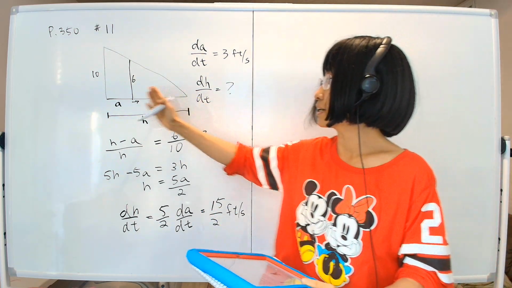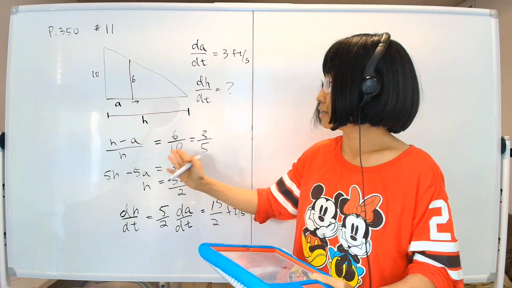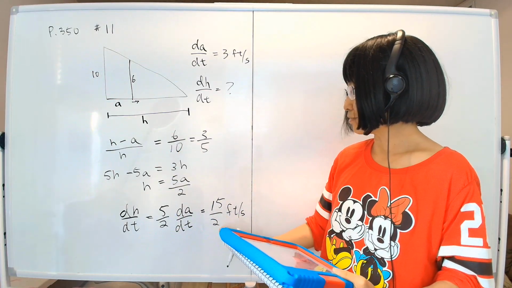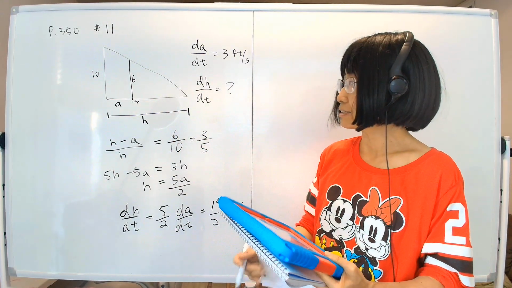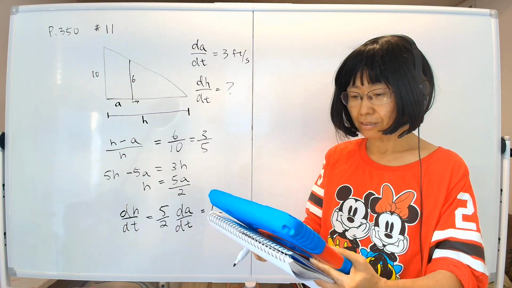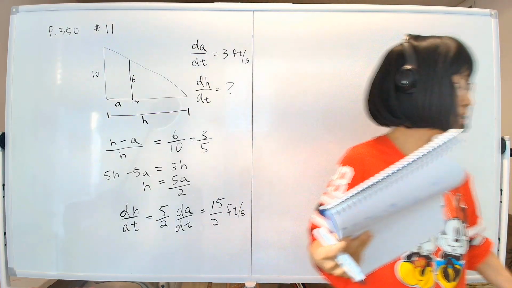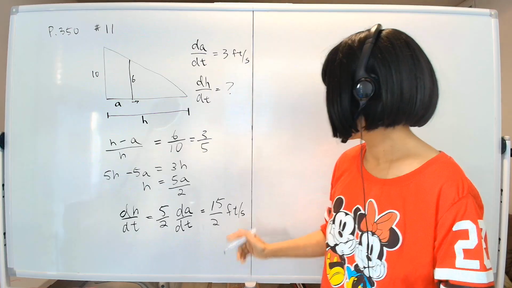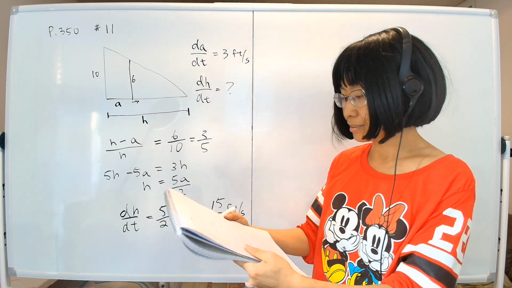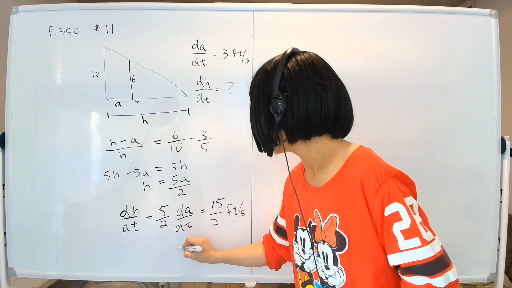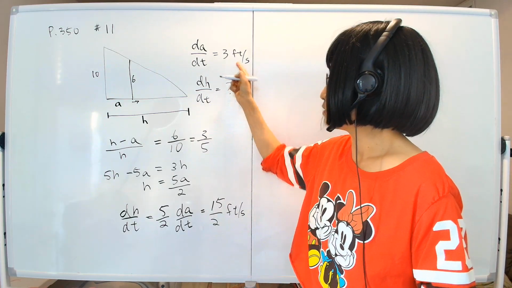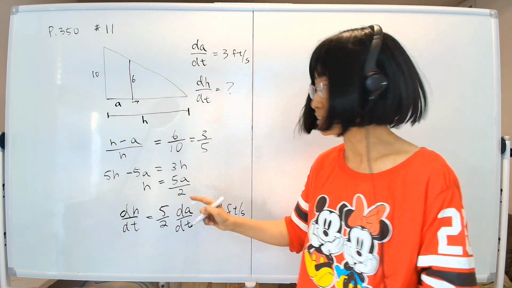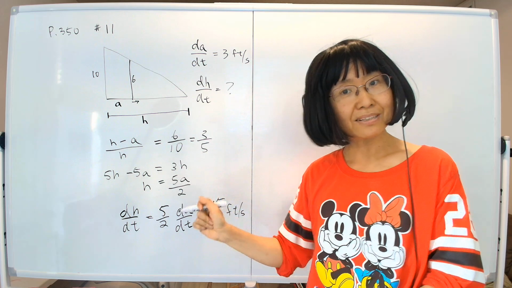The shadow is moving away from the pole at 7.5, and the guy is moving in the same direction, so the speed subtracts.